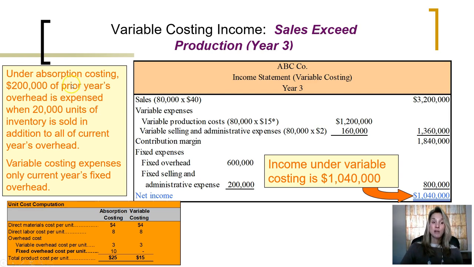That means that the $200,000 of last year's fixed overhead, which was expensed last year under variable costing and was not expensed last year under absorption costing because it was attached to inventory, this year was released into income as an additional expense under absorption costing. Whereas under variable costing, only the current year's fixed overhead costs were recorded as an expense. That meant that absorption costing's net income was lower than variable costing net income.